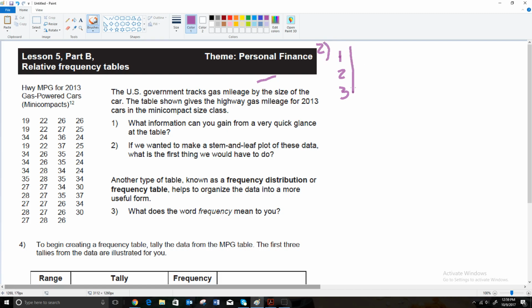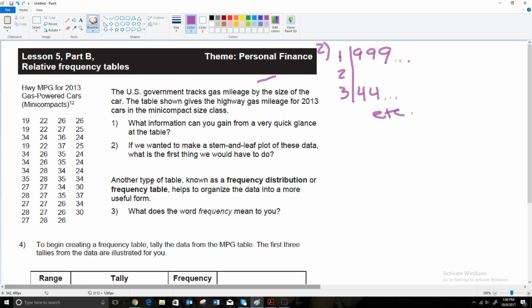And then we'd have to start going through here, and we'd have a 19, another 19, and we'd have to do this with all the data, and then we'd have to go back and reorganize it in order. So 34, another 19, another 34, etc. Okay? So the first thing we'd have to do, though, is make that stem.